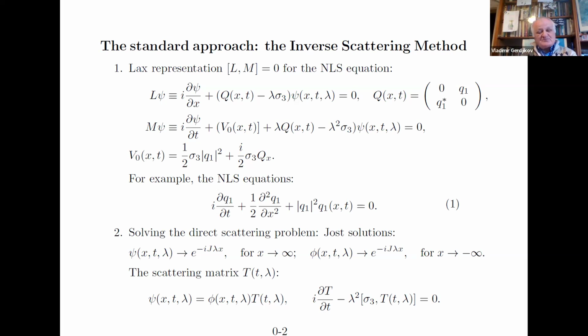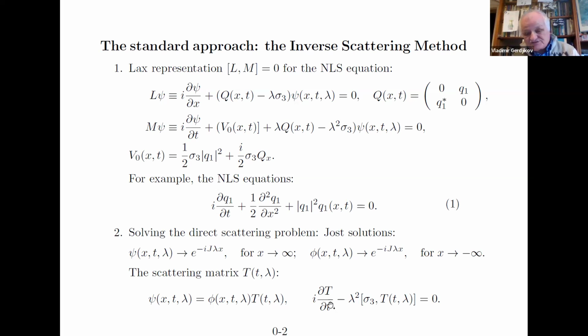The direct scattering problem means that we, starting from the potential Q of the Lax operator, have to determine the scattering matrix. And it follows from the compatibility condition on the Lax operators that the scattering matrix satisfies this simple linear equation with respect to time.